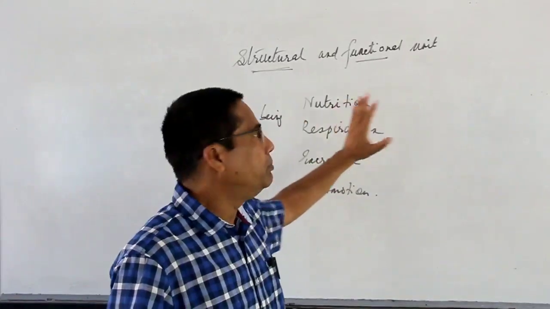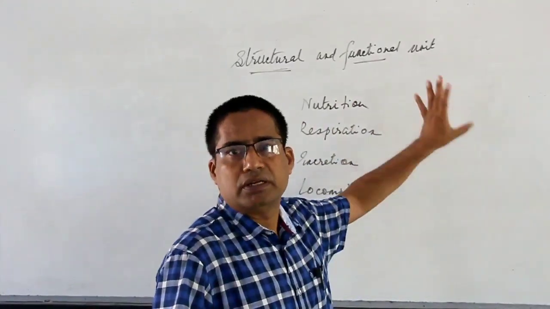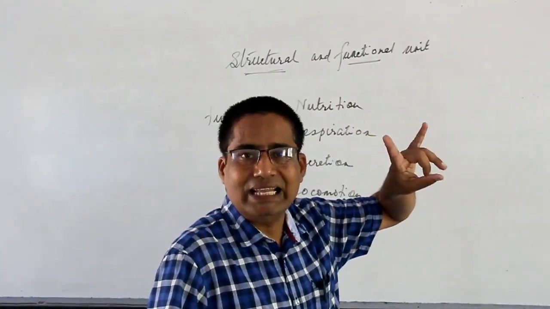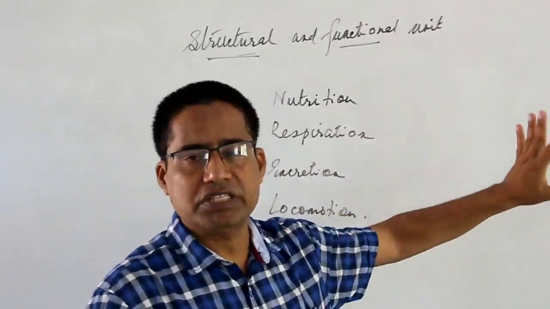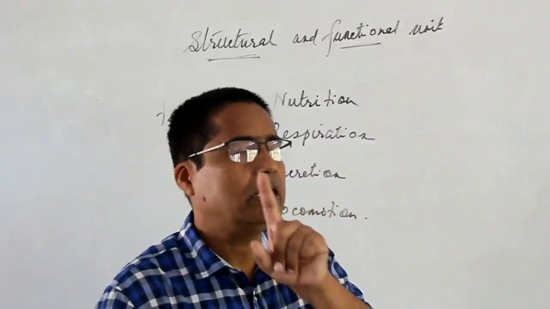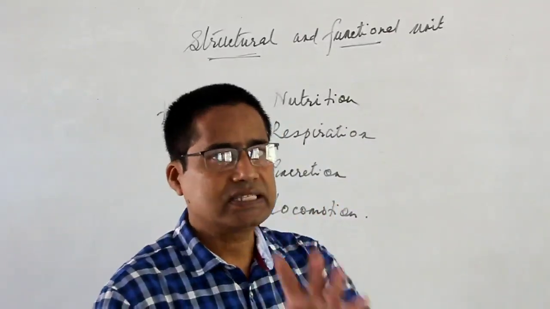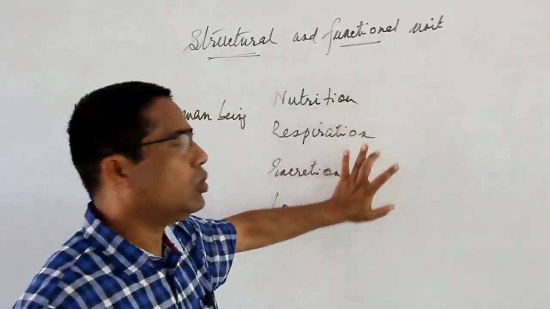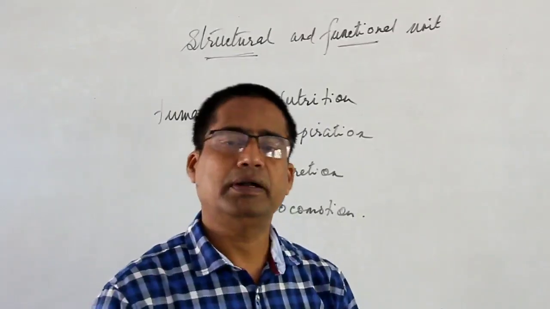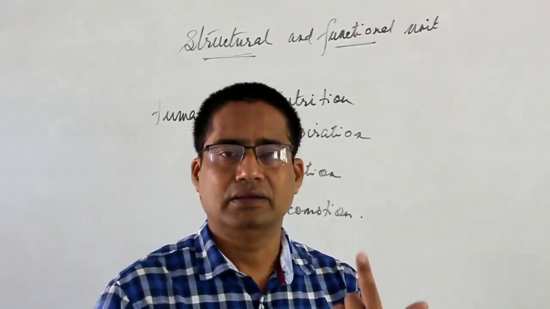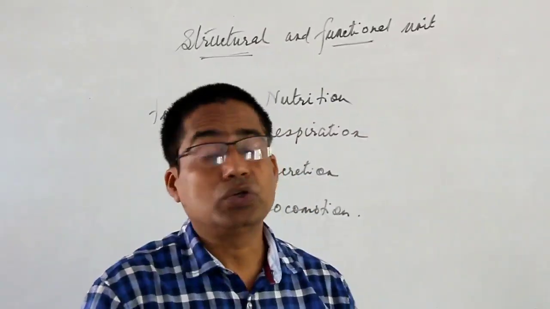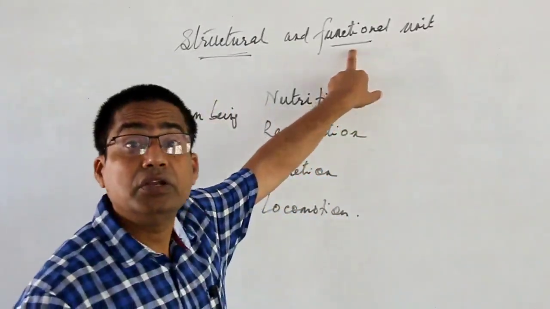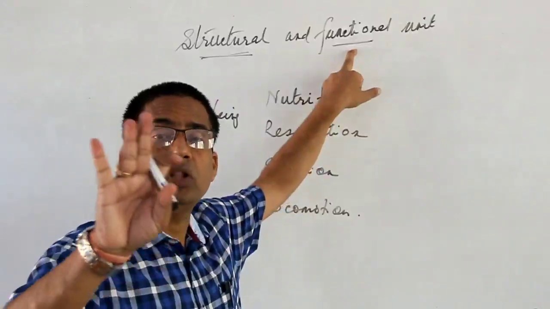So amoeba, being a unicellular organism made up of only one cell, also needs to carry out all these activities. Now just think of it. An organism made up of only one cell, that single cell has to carry out all these activities. Yes, amoeba does all the activities, and that single cell which constitutes amoeba can perform all these activities. So it is the functional unit. The cell can perform all the different activities.